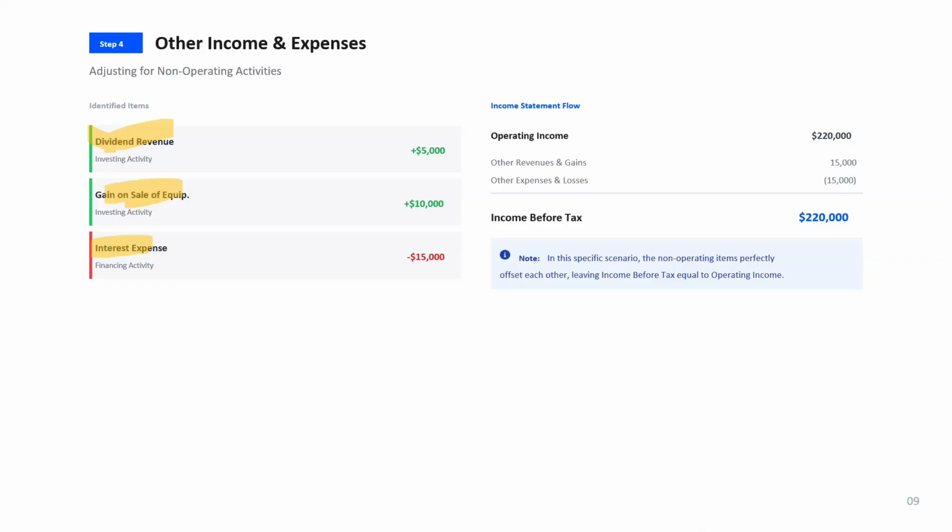In this specific example, the non-operating items perfectly offset each other, which is rare but possible. The result of this step is income before tax, the final profit figure before the government takes its share. This is the amount we use as the base for our calculation. You can see it here.